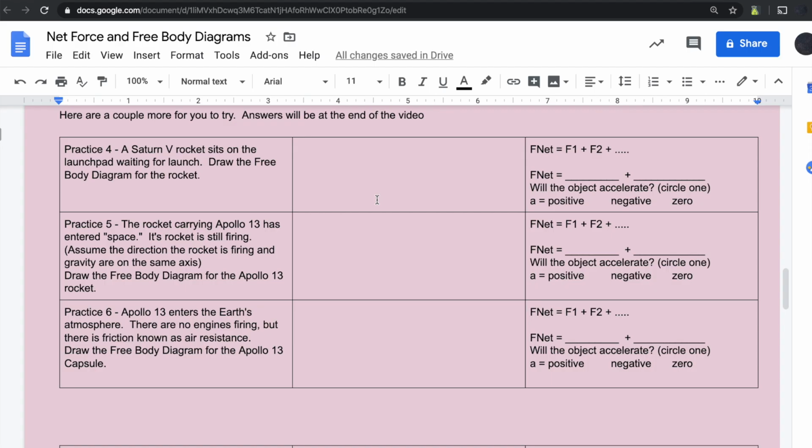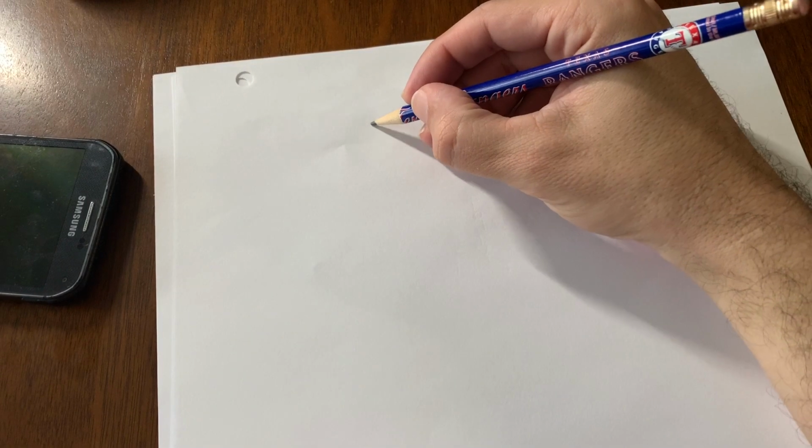Here are your 3 practice problems. I also have a bonus extension problem. Pause the video, work through them, and then you can take a look here in just a moment at the solutions and see how you did. Okay, so let's do number 4.